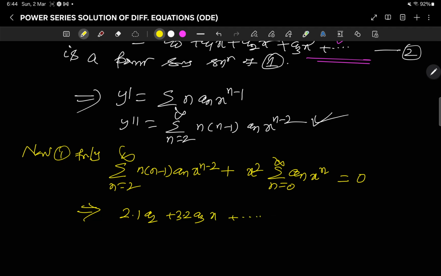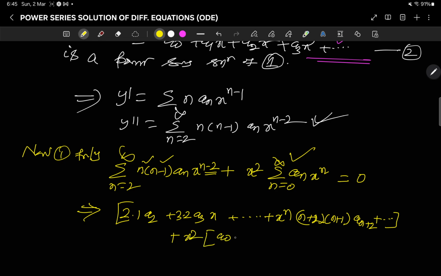Here, if I want to take the coefficient of x to the power n, then n is replaced by n plus 2. It is n plus 2 into n plus 1 an plus 2, plus so on. Then for this term, I can multiply by x square. If I open it, a0 plus a1x plus a2x square plus a3x cube plus so on is equal to 0.